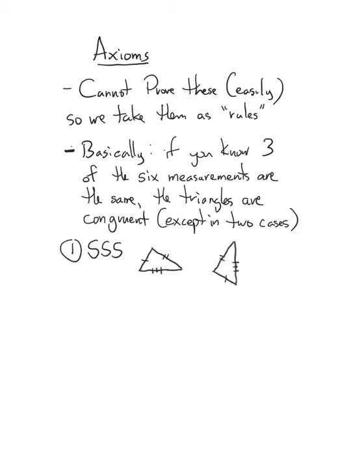So if you know that the three sides have the same lengths for corresponding sides, so in this case, let's call this A, B, C, and, well, AB has this one tick mark, so I want to say it's the same as this, so we will call this D, E, F. Since AB has the same length as side DE, side BC has the same length as side EF, and AC has the same length as DF here, we know that the triangles are indeed congruent.